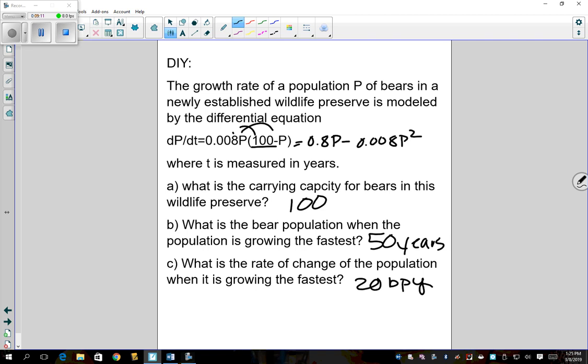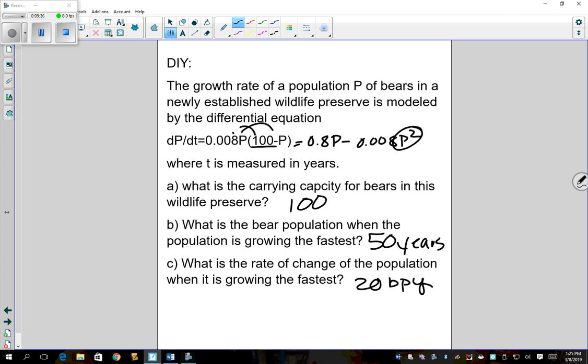And so when I want the population to be growing the fastest, it's going to be when my P squared is maximized. And so when I take P times P, that's going to be the maximum number it possibly can be.